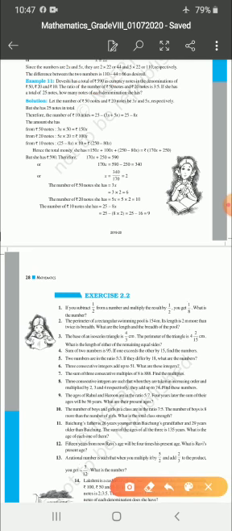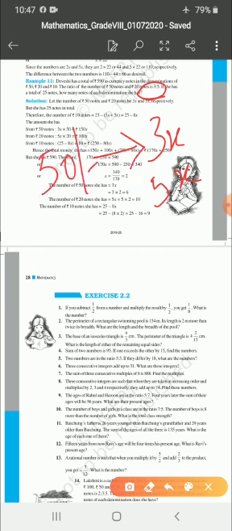Next one is the ratio of the number of rupee 50 notes and rupee 20 notes is 3:5. So I can take it as 3x notes and 5x notes. 3x notes are 50 rupee notes and 5x notes will be 20 rupee notes.